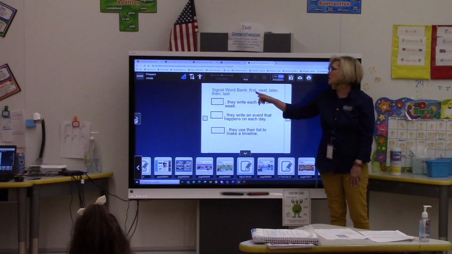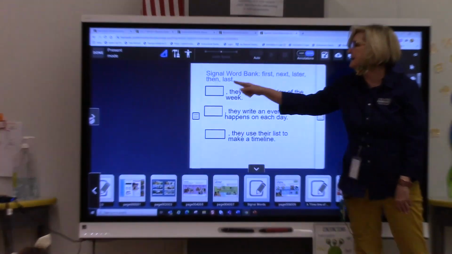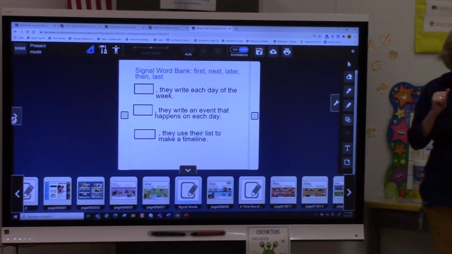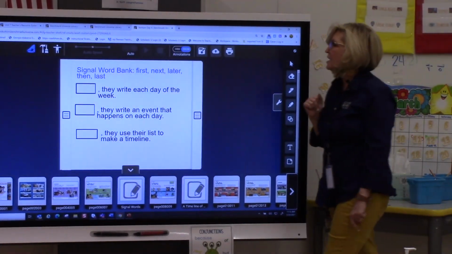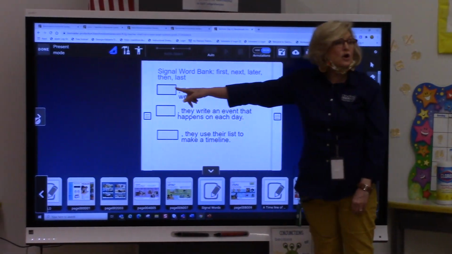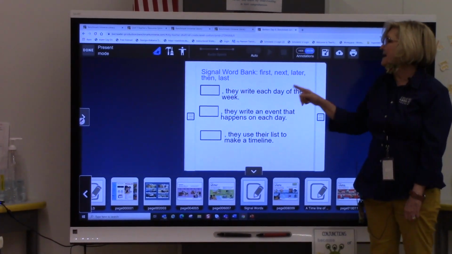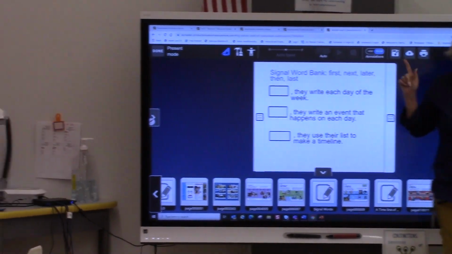Here are our words: first, next, later, then, last. I want you to decide in your groups, turn and talk, what word are you going to put in this first box? Blank, they write each day of the week. Which signal word are you going to put?